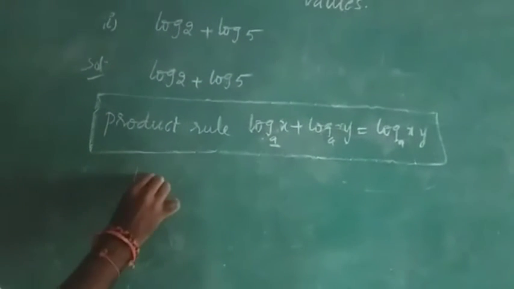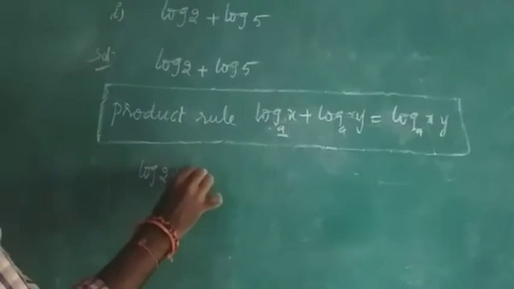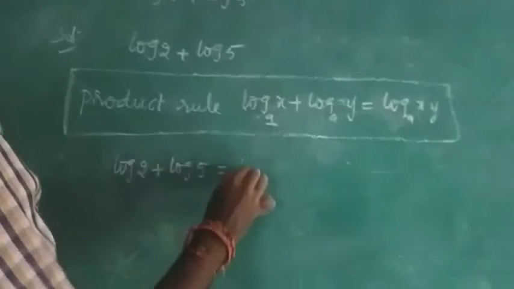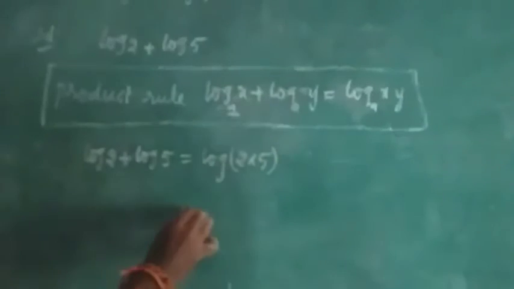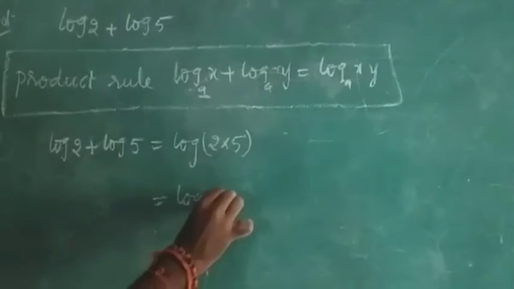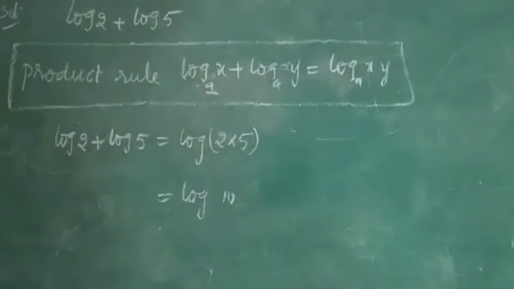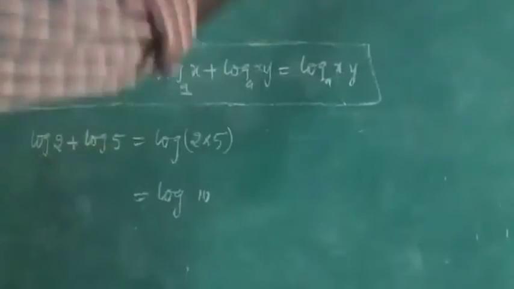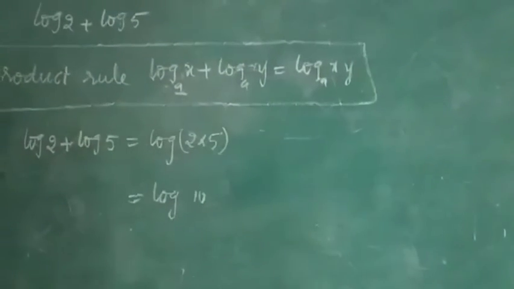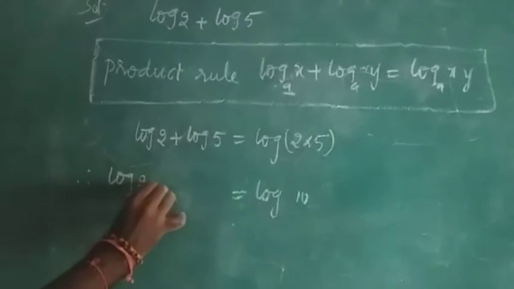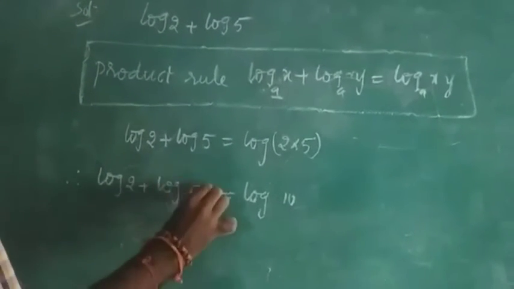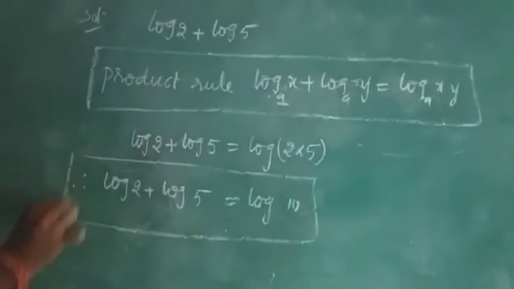So log 2 plus log 5, you can write it as log 2 into 5, means log 10. 2 fives are 10. You have written it in the form of log n. So therefore this is the answer.